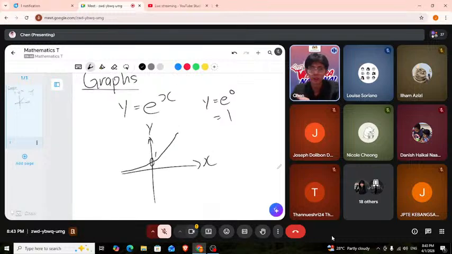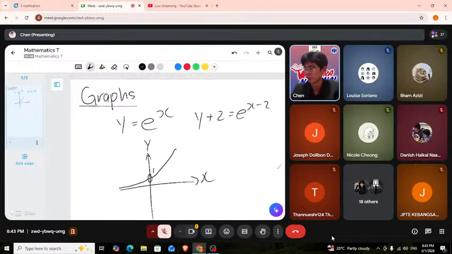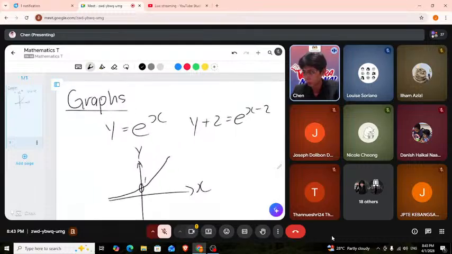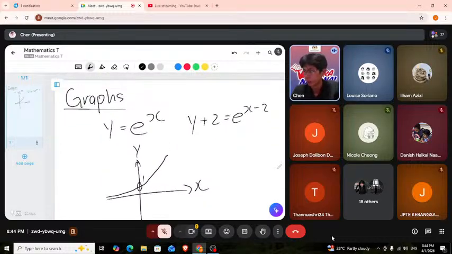So the same thing can go from here, where how do you want to manipulate the graph? I'll just rub that out. Then let's say I just put y plus 2 equals e^x minus 2 here. What would happen, right? Usually, if I put this here, it will mean that the graph is either going up or going down.